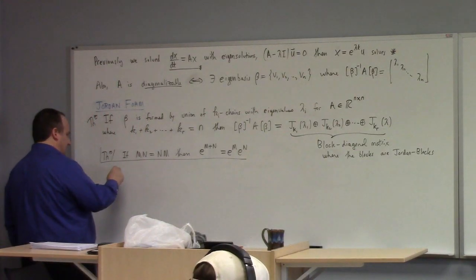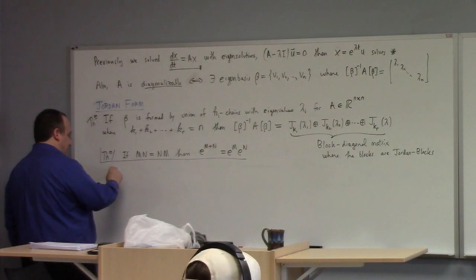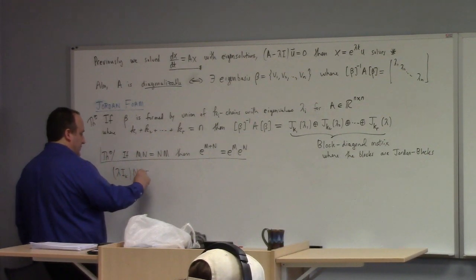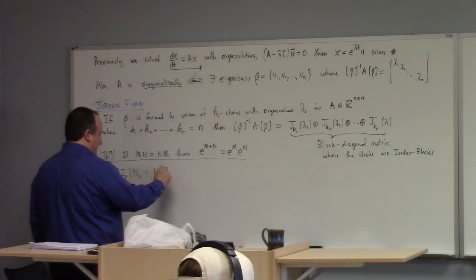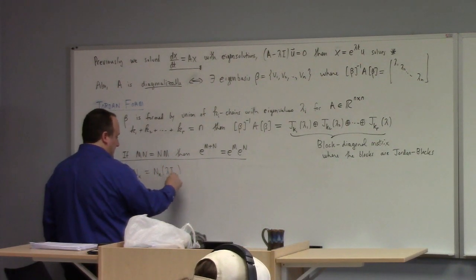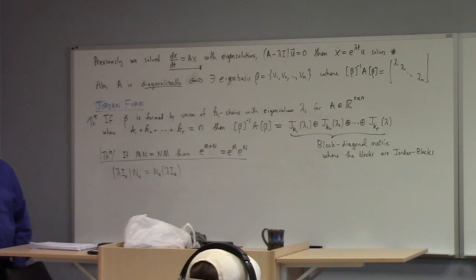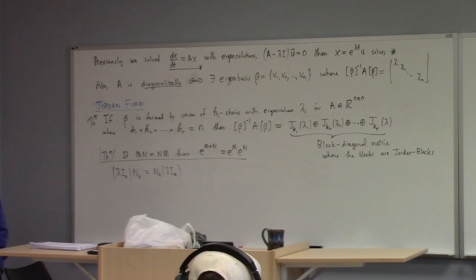So notice, for example, that if we take lambda times the identity, the k by k identity matrix, times n sub k, well, that's equal to n sub k times lambda times the identity matrix, right? In other words, the identity matrix and the nilpotent k by k matrix commute.